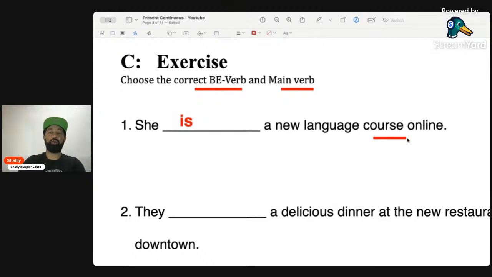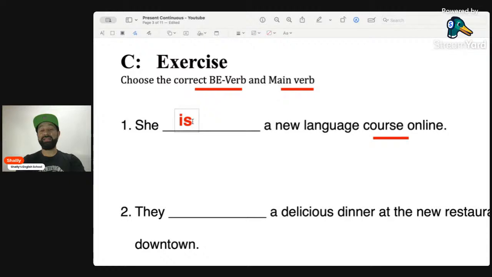And we've got the word course. Anytime you have the noun course or lesson or maybe a program, if we're talking about school, we're always going to be using the same verb, right?